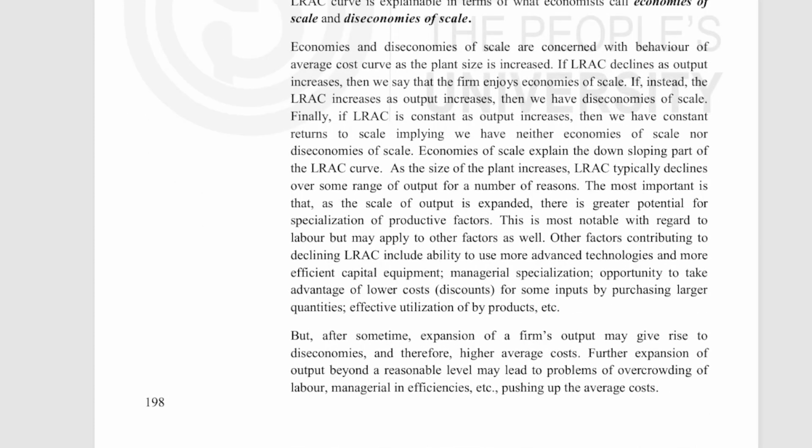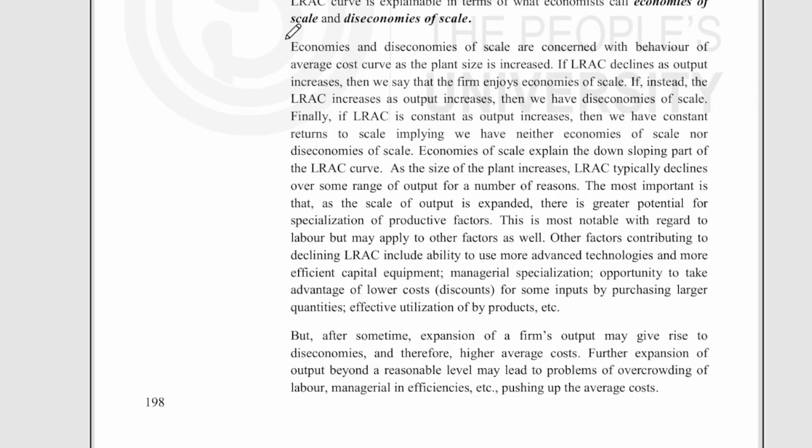Economies and diseconomies of scale are concerned with the behavior of the average cost curve as the plant size is increased. If LRAC declines as output increases, then we say that the firm enjoys economies of scale. If instead the LRAC increases as output increases, then we have diseconomies of scale.